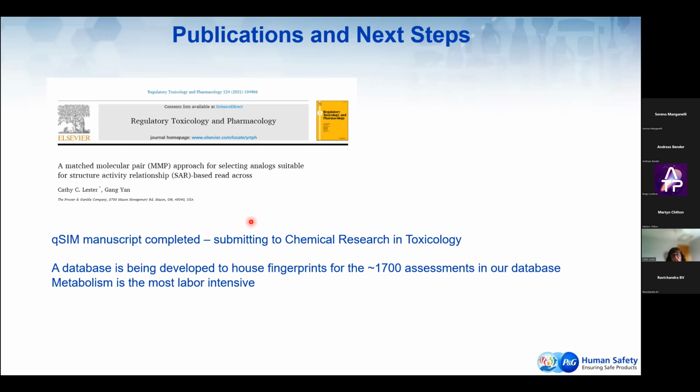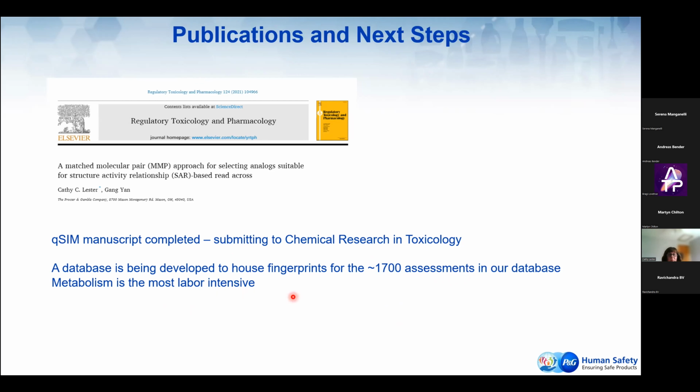And then for looking at all of those thousands of SOI analog pairs that we have in our database, we are developing a metabolism database and populating that with the metabolism information that we chemists have compiled on all of the structures that we've considered for read across. And that's about 1,700 assessments we've written summarizing the metabolism of compounds.